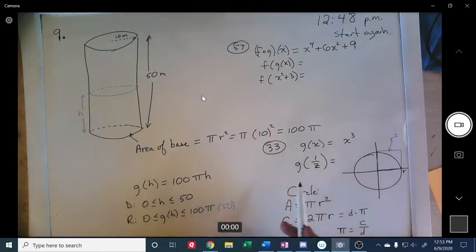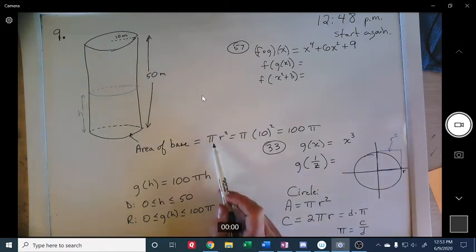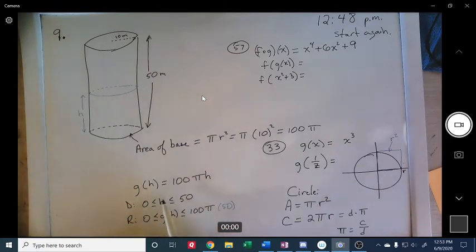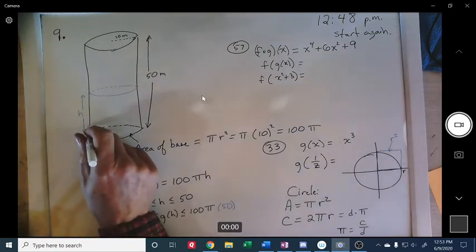Now the area of the base, with the area formula, is pi r squared, which is 100 pi. But not only is this the area of the base, it's also the volume of the very first layer.